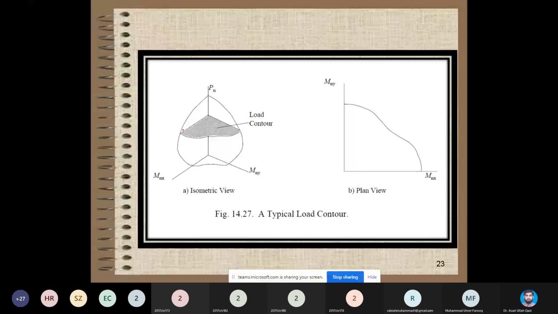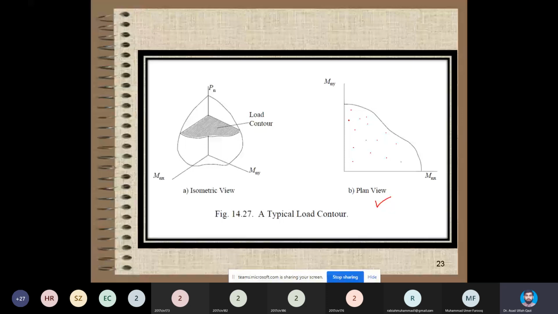Now on this contour, any point within this curve represents a combination of Mx and My, or Mu, which you can multiply with phi to convert into Mux and Muy, and a constant load. Any point here has one unique load and combination of Mx and My.